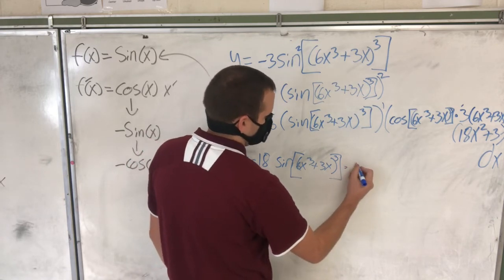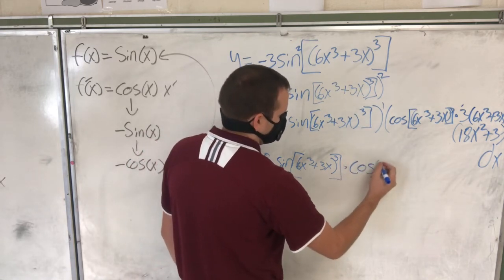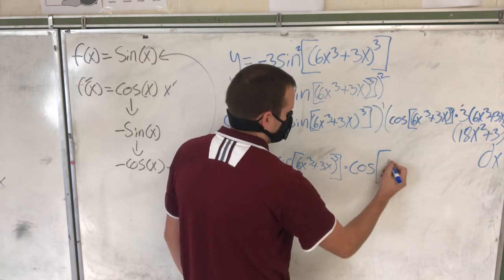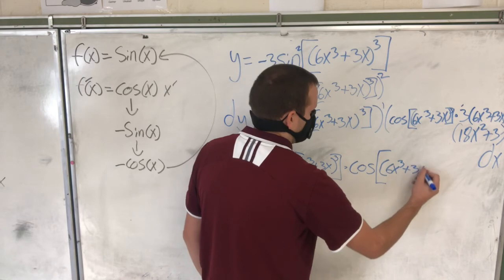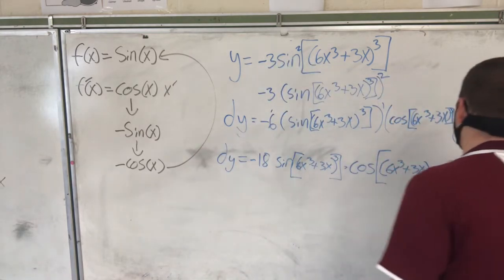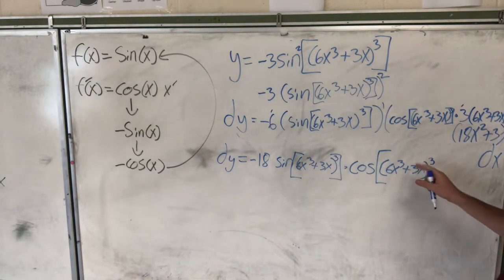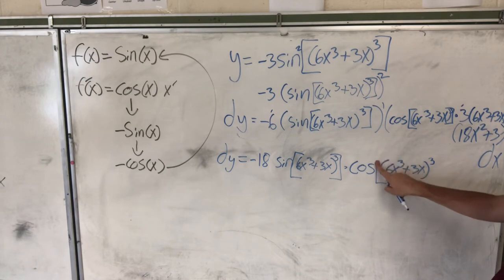Times cosine of 6x cubed plus 3x, cubed. And technically I don't even need that bracket anymore. Okay.